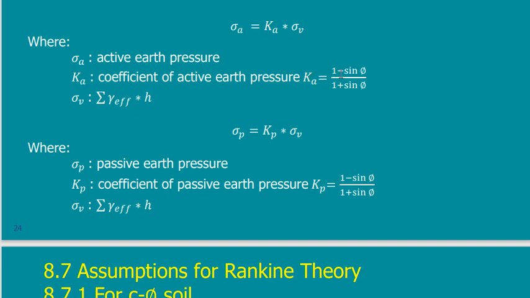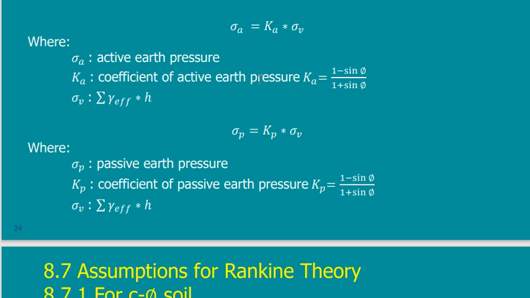K active was 1 minus sine phi over 1 plus sine phi. Here there is something wrong in this equation. We have to check it. The wrong thing here is that K passive will be equal to 1 plus sine phi divided by 1 minus sine phi, because K passive will be equal to 1 divided by K active.